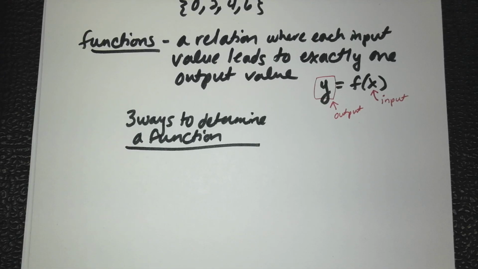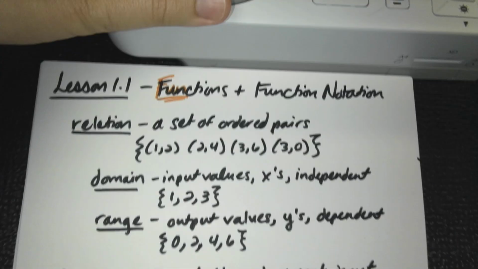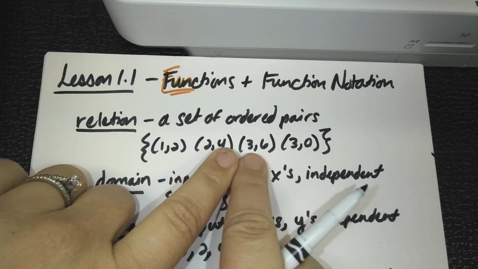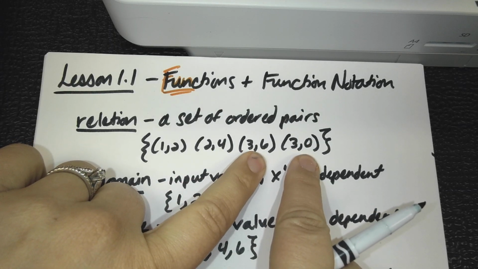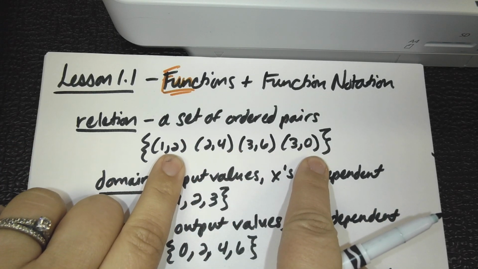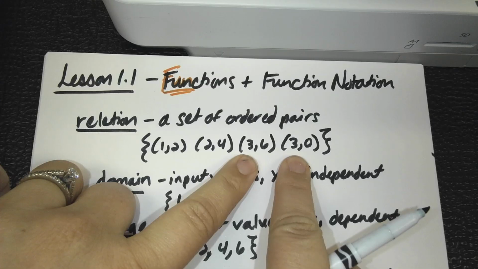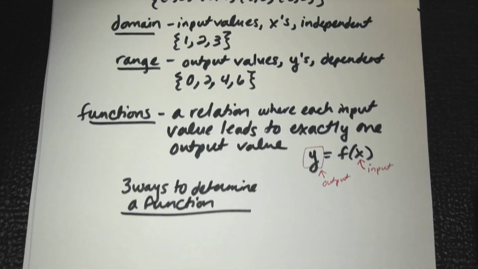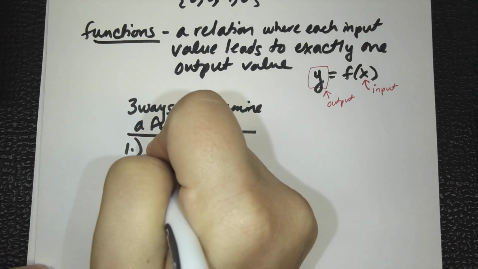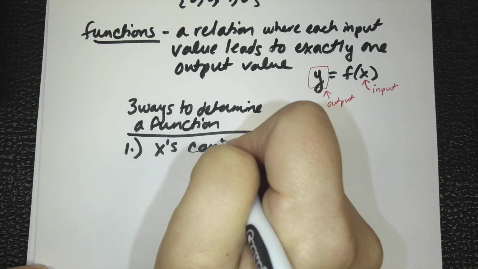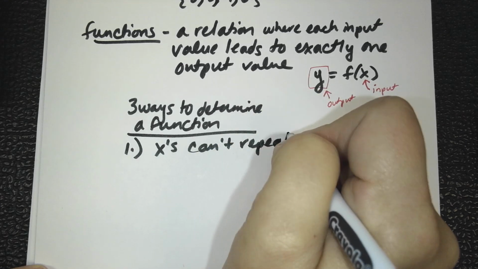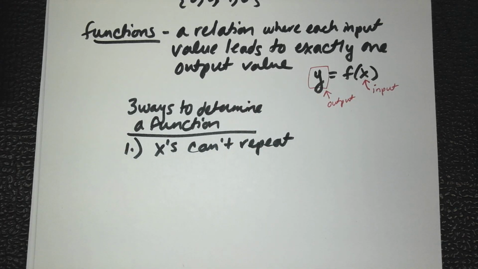Going up to this relation, are my x's repeating? Oh, they are. So is this a function? No, it's not. It's just a relation. So number 1, your x's can't repeat. If it repeats, it's not a function.